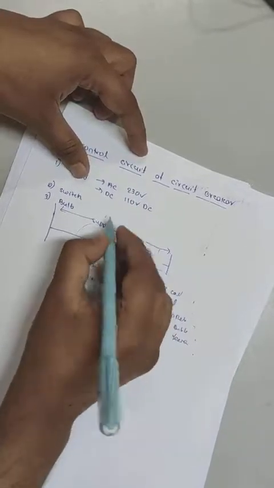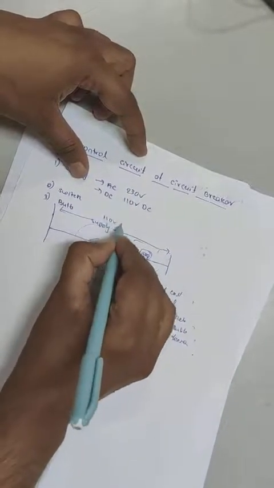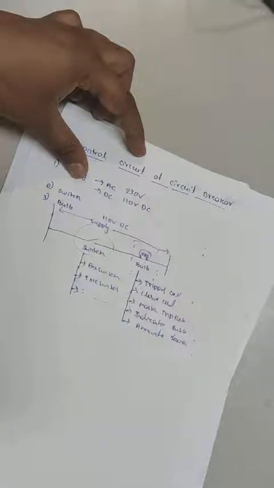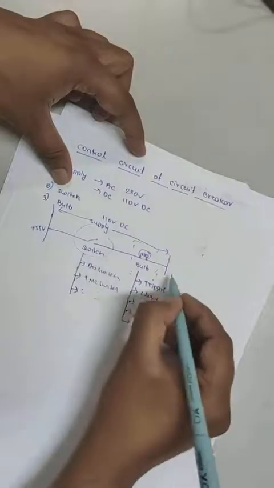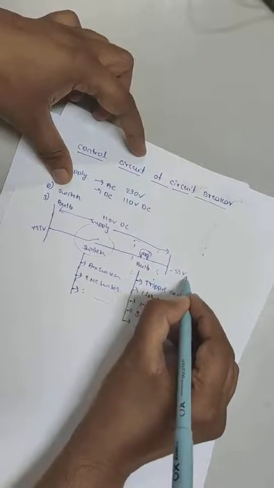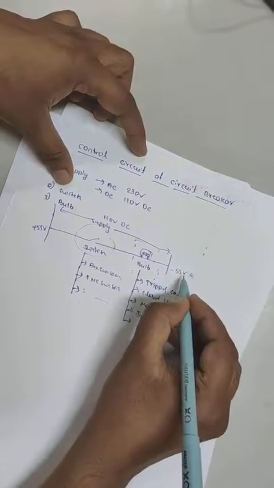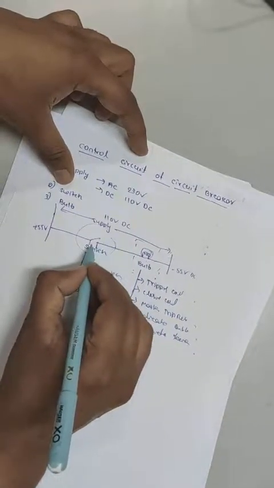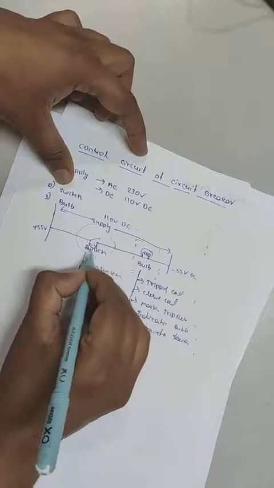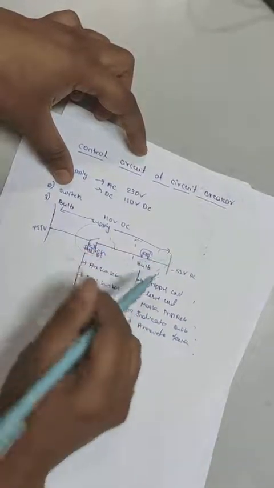So let us assume that the supply voltage is 110 volts DC. That means this side plus 55 volts and this side minus 55 volts DC we have given. If we measure the voltage across this point, the open circuit voltage will be 110 volts DC across the switch.